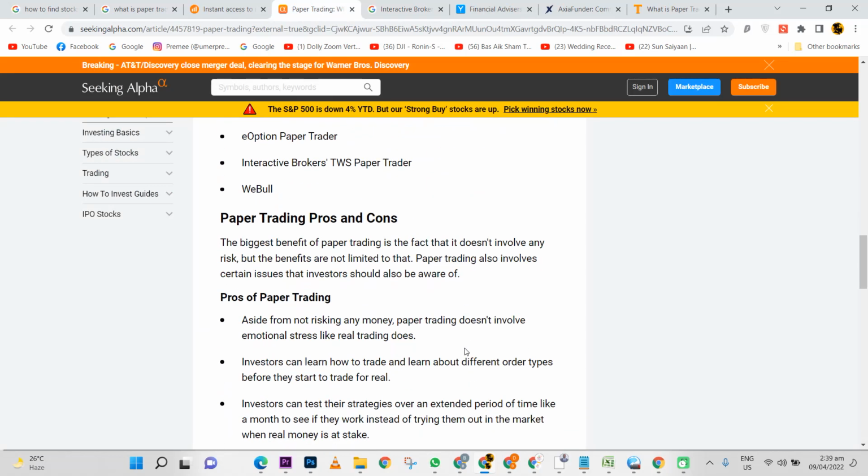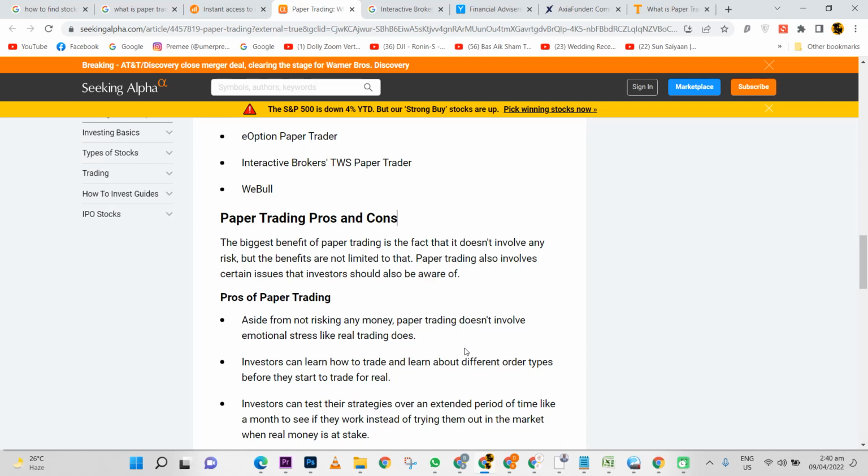Okay, what is paper trading, pros and cons? The biggest benefit of paper trading is the fact that it does not involve any risk, but the benefits are not limited to that. Paper trading also involves certain issues that investors should be aware of.